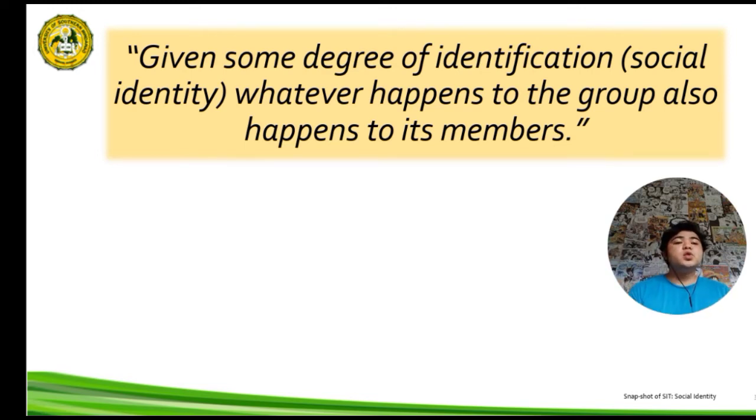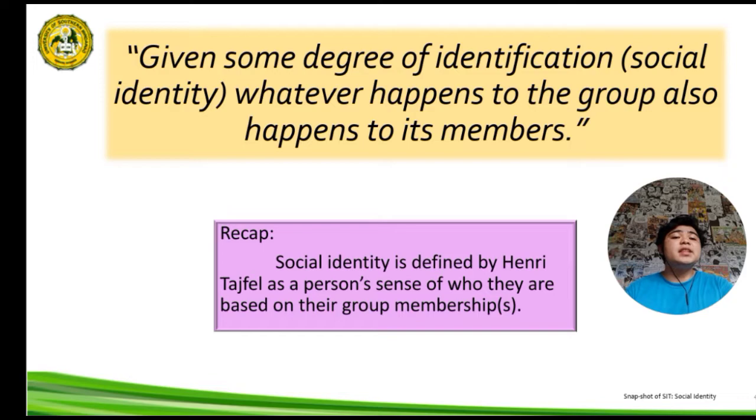To dig deep into this idea, we first want to have a recap of what social identity theory really is. It is defined by a British social psychologist, Henry Tajfel, as the person's sense of who they are based on their group members. It's about how you are being represented by your group.